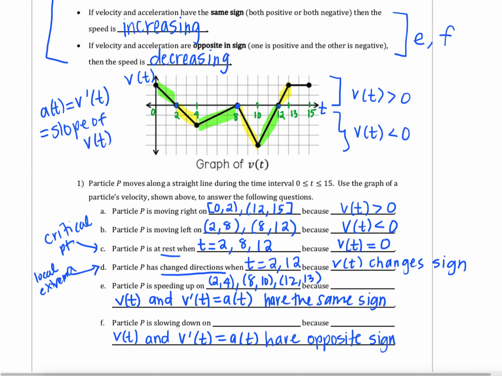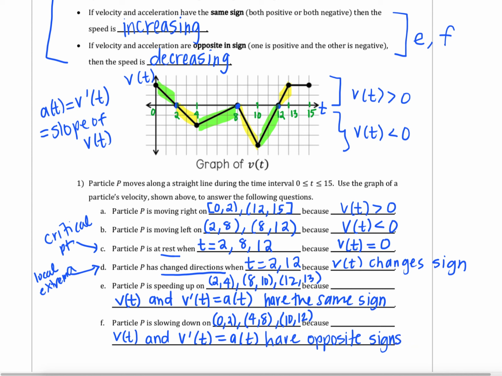So if we list those in part F, our particle is slowing down on 0 to 2, as well as 4 to 8, and from 10 to 12. And that's happening because velocity and acceleration have opposite signs, plural.